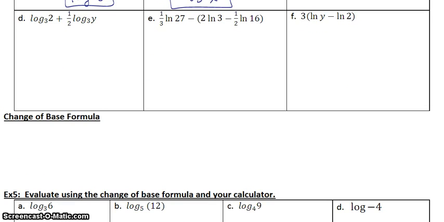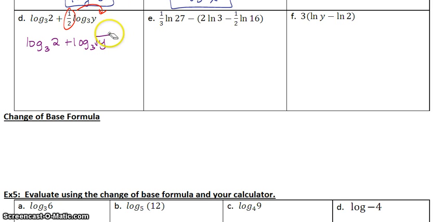If I get a fraction that I can actually convert to a square root, you do want to actually do that. So for part D, I'm going to move this, but when I do a 1/2 exponent, I get log base 3 y to the 1/2, but a 1/2 exponent is the same thing as a square root.